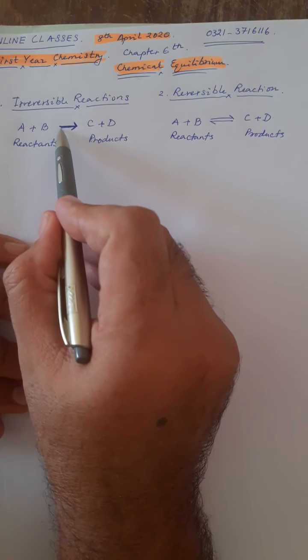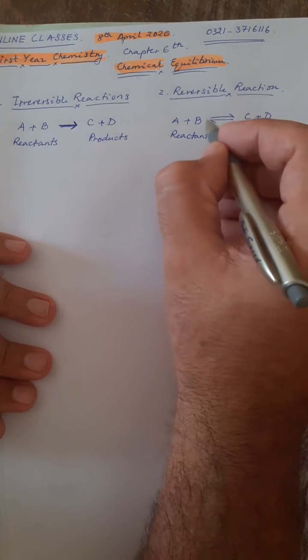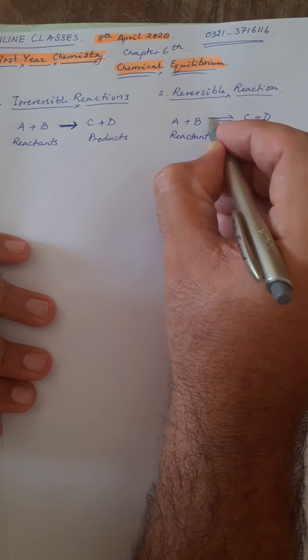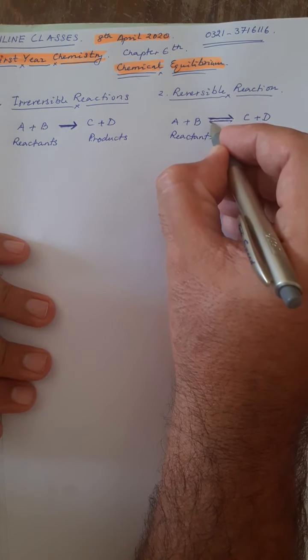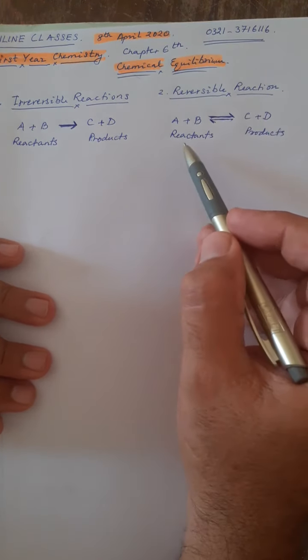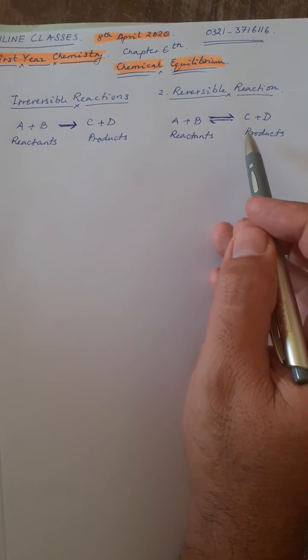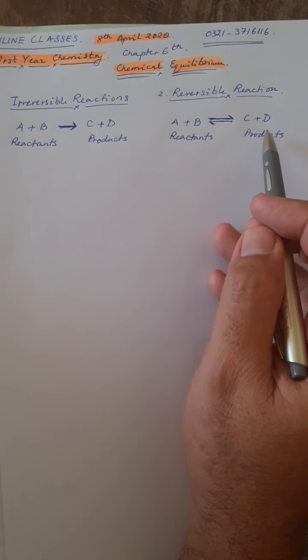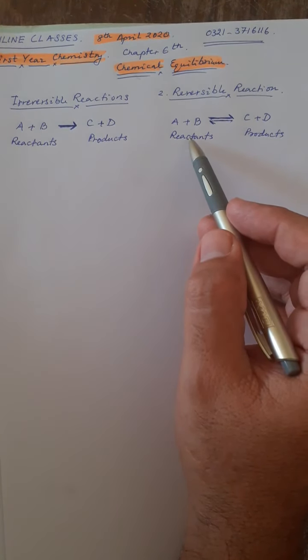This is a special type of arrow in which there's a direction from left to right and from right to left. This tells the possibility that the reactants can react and form products, and the chance of the products reacting and forming the reactants is equally the same.